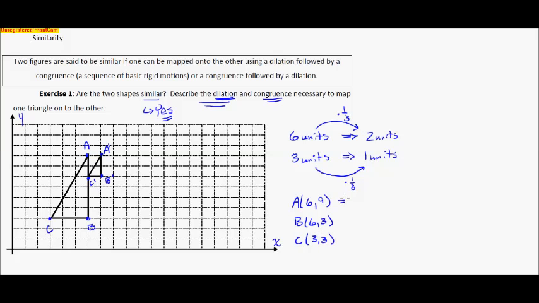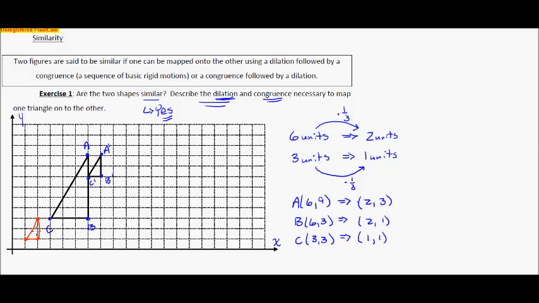If I multiply each one of these by 1/3, then I get these points right here. This is going to be 2, 3, and this is going to be 2, 1, and this is going to be 1, 1. I'm going to graph these in red, so they would end up here, here, and here. Now we've gotten the triangle to be the same size.